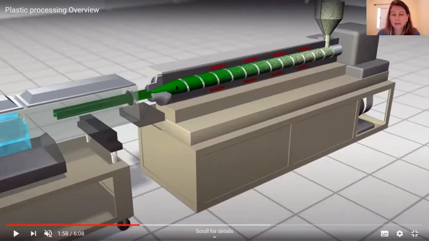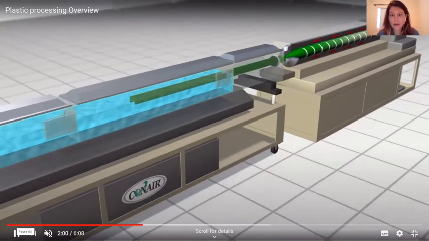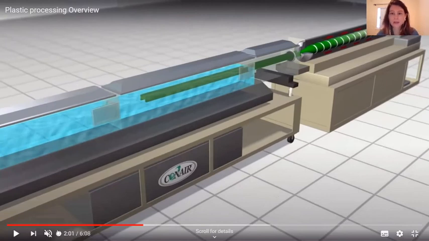At the end of the screw, the polymer is totally melted and compressed to go through the die. The shape of the die gives the shape of the polymeric product, and the size of this product. After that, either we work with a thermoplastic, and so we need to decrease the temperature of this extruded part.